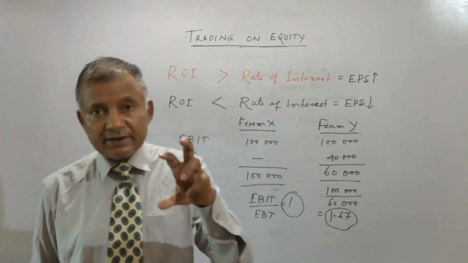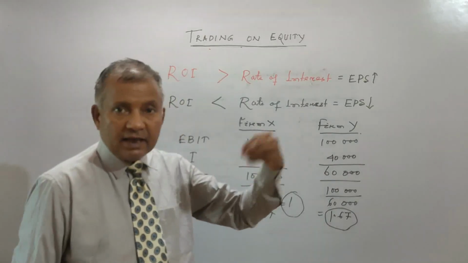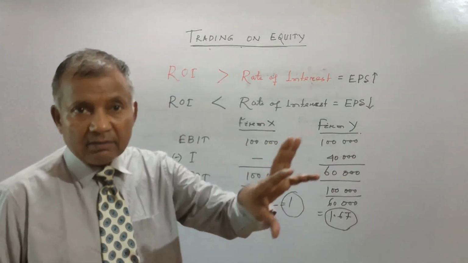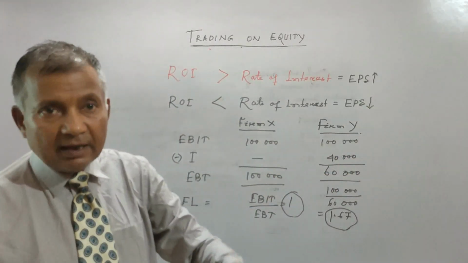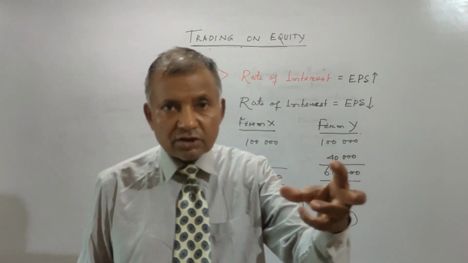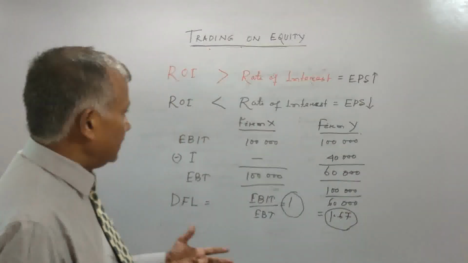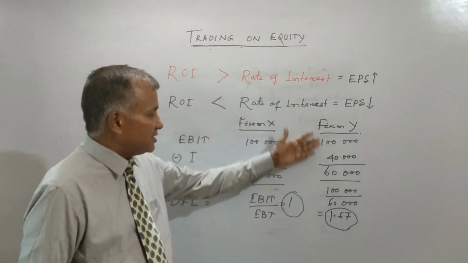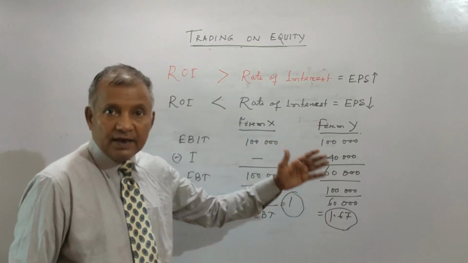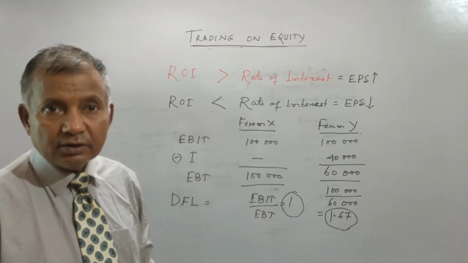Another disadvantage: suppose the firm is now earning very well and in a future year the firm's earnings drop, becoming less than the cost of debt. So the company will have to suffer loss. EPS will decrease, market price will decrease.